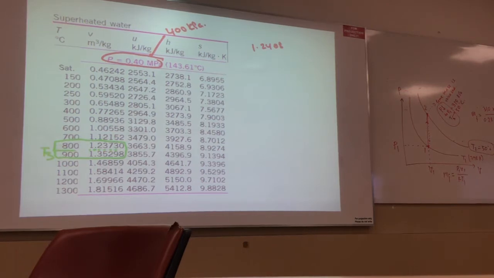Then I can write T3 minus 800 over 900 minus 800 is equivalent to the specific volume at T3, 1.2408, minus that at 800, 1.23730, over that at 900, 1.298 minus 1.23730.